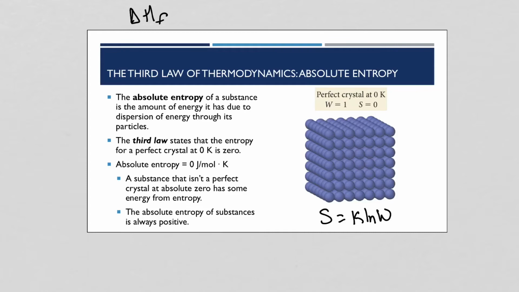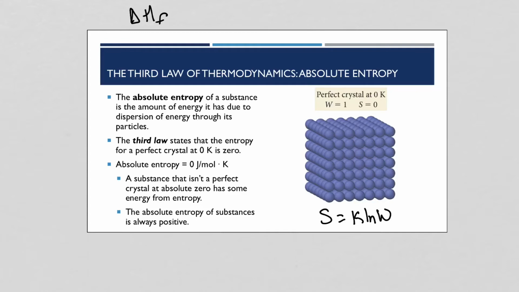So the entropy would be 0 for a perfect crystal at 0 Kelvin. There's only one state because there isn't any vibration. There's only one possible state, and so the entropy would be 0. And that's our third law.